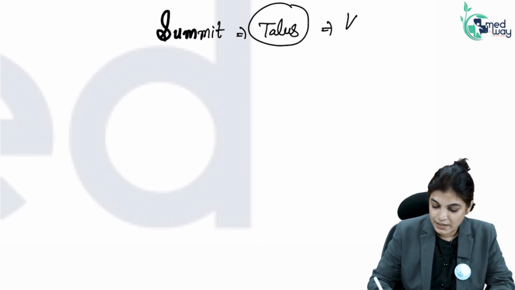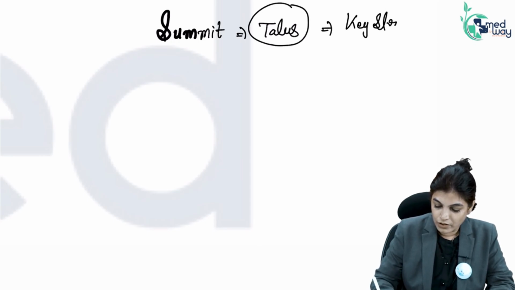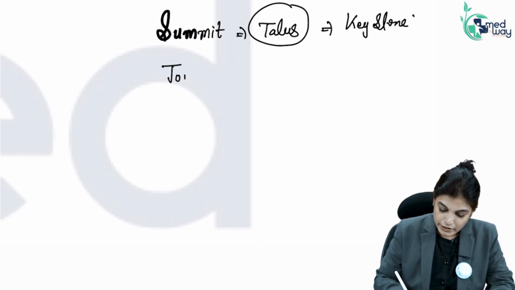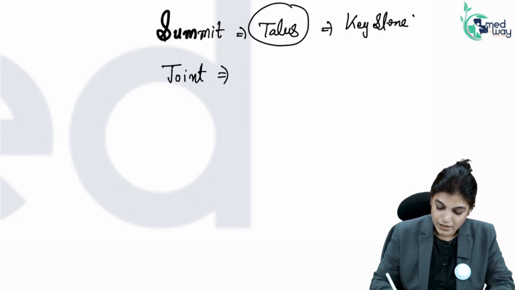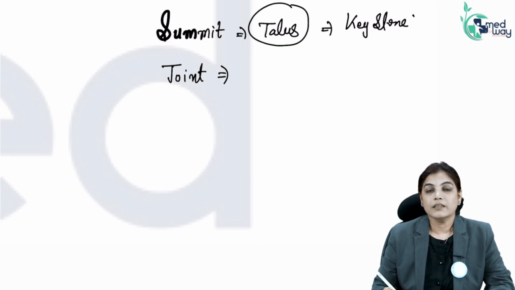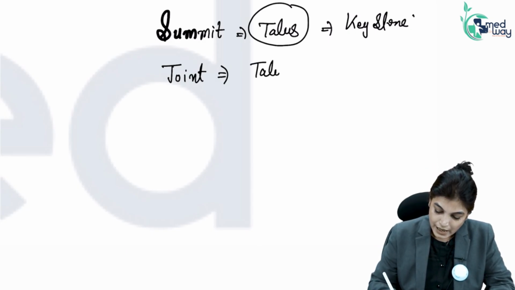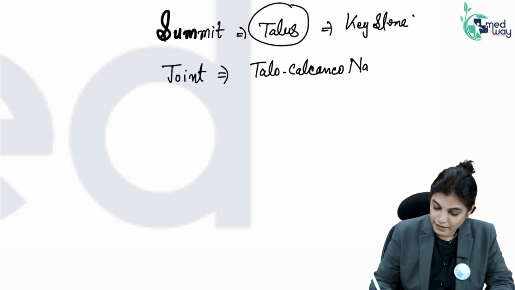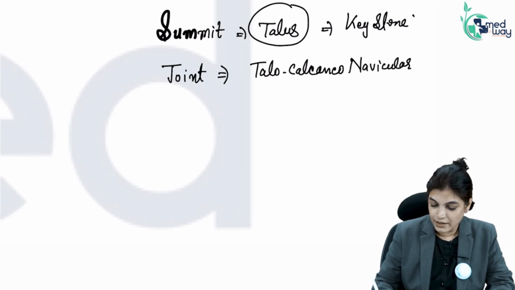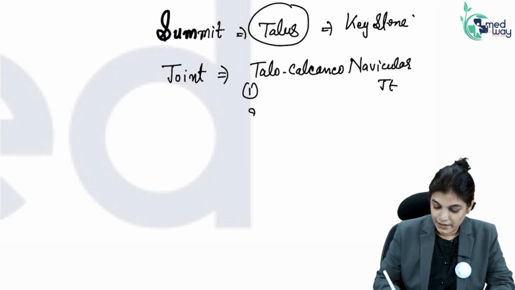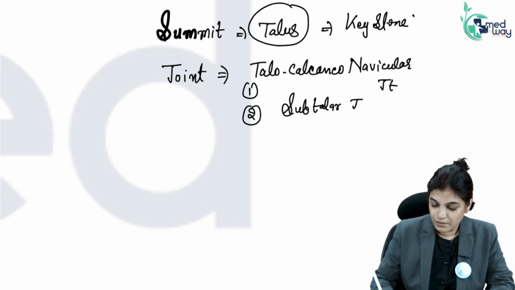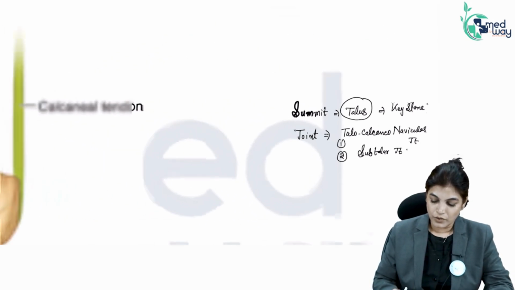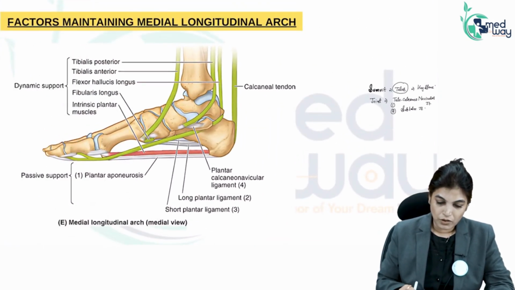That means the talus is the keystone of the medial longitudinal arch, and the most important joint of the medial longitudinal arch is the talocalcaneo-navicular joint and also the subtalar joint. These are the 2 important joints of the medial longitudinal arch. Okay, key joint.